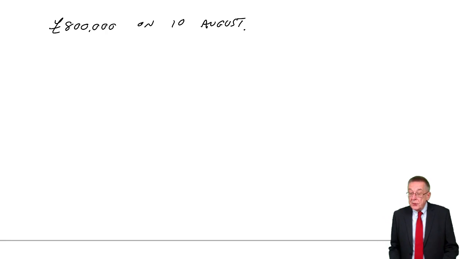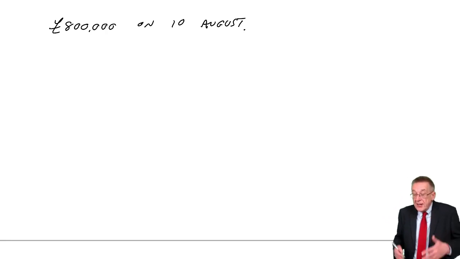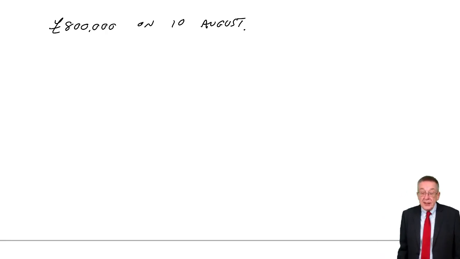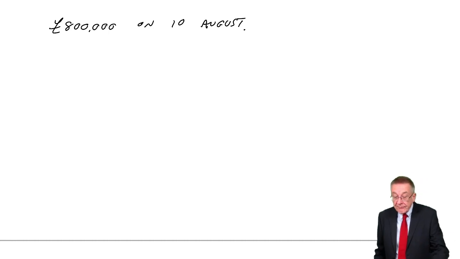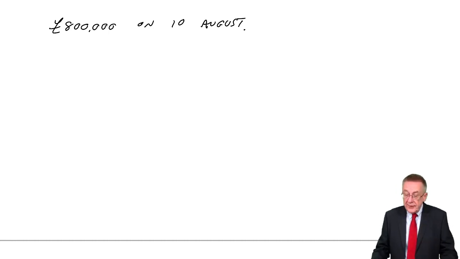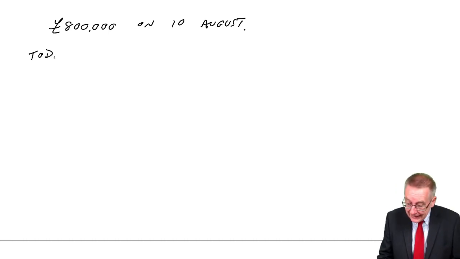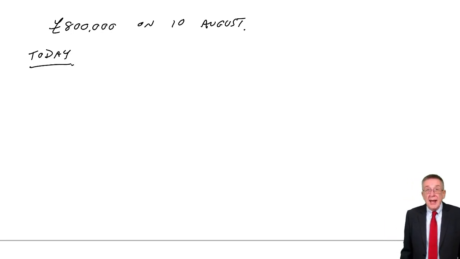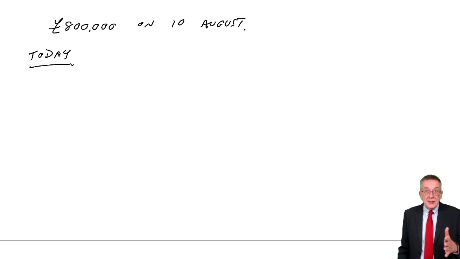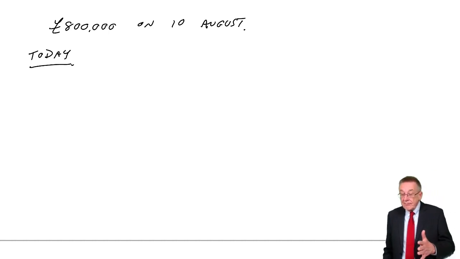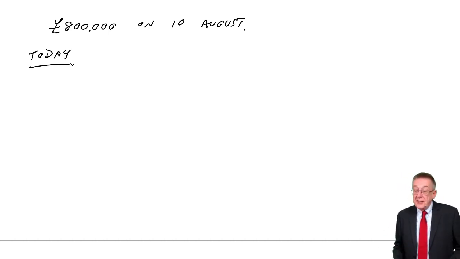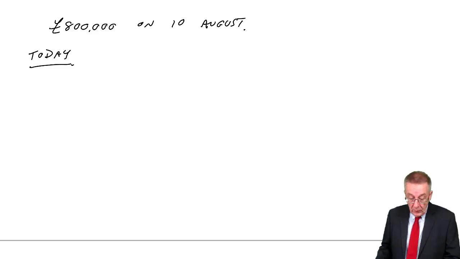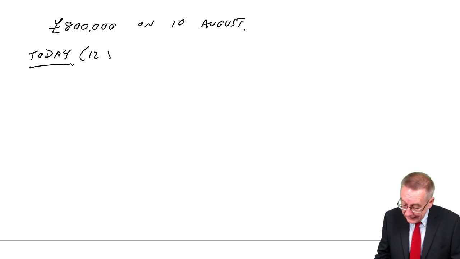But we're going to need to convert into £800,000 on the 10th of August. Now, if we were to convert today, then of course we convert at today's spot rate. Now remember, we're in the US.